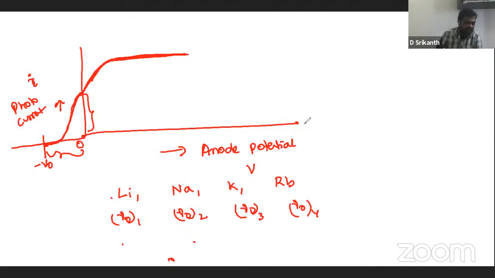Here you are having examples. Afterwards, you can see that one.